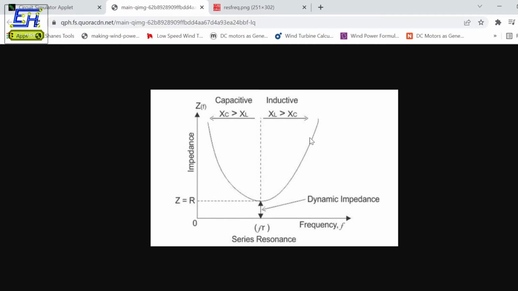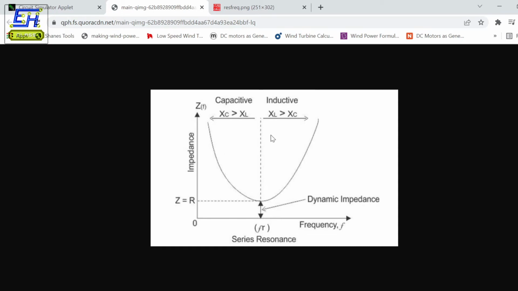On the other hand, the curve on the right hand side is the variation of inductive reactance with frequency. At higher frequencies the inductive reactance is very high, but at lower frequencies it decreases, and this will further go down, touching zero.